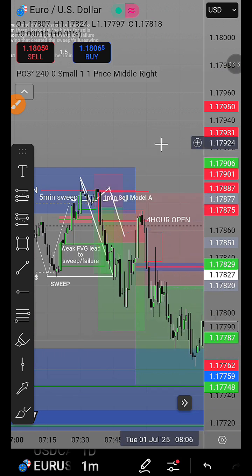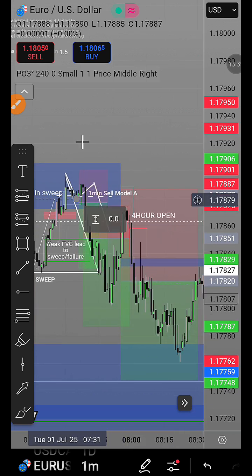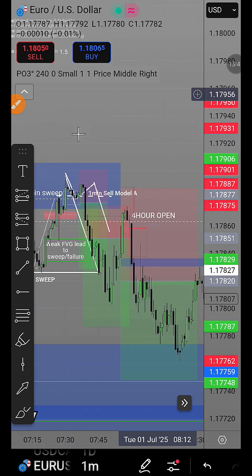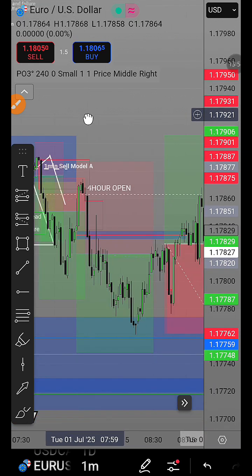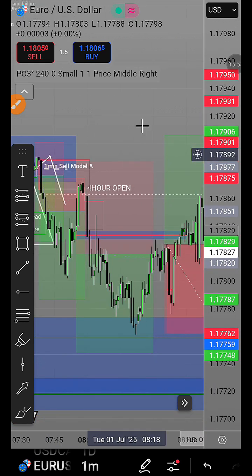So that's high probability. And then same if you take it the other way around. If you want to buy and price inverses a bearish FEG with a bullish FEG, it leaves behind a balanced price range. Price taps into a balanced price range, and then it goes your way.